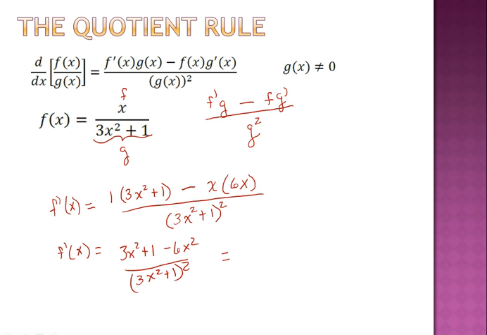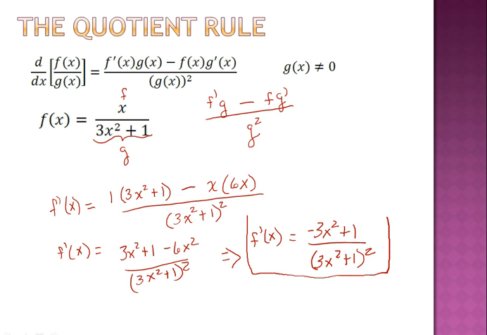Simplify a little better, we get f prime of x is equal to negative 3x squared plus 1 all over 3x squared plus 1 squared. And since that negative is in front of our 3, it throws off the common factor that we could have maybe canceled out. So this is our final answer. Nothing simplifies.